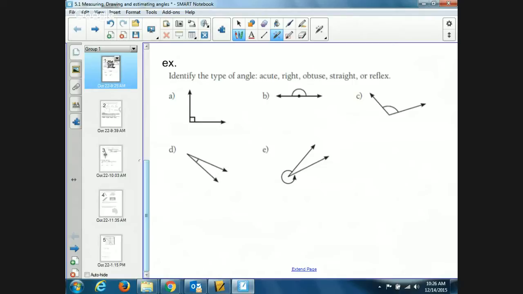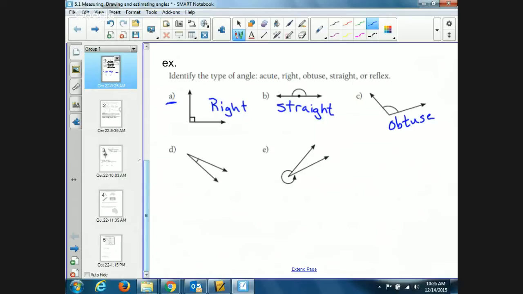So this first one, because of that box in the center, A, that confirms what it looks like. It's a right angle. B, it looks like a straight line, so we're going to call that a straight angle. C, it looks like it's a little bit bigger than 90, so it's definitely obtuse because it's less than 180.